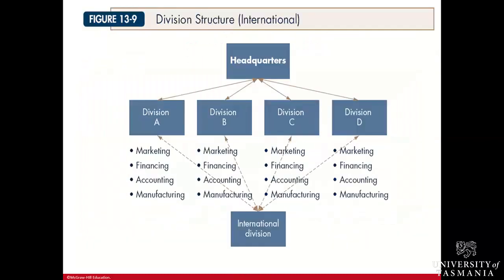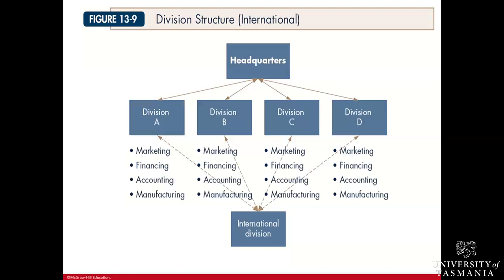But in some models we have this. This model says division A has completely different marketing, finance, accounting, and manufacturing departments. This can happen.